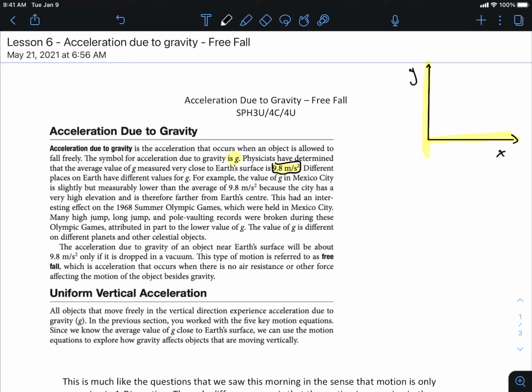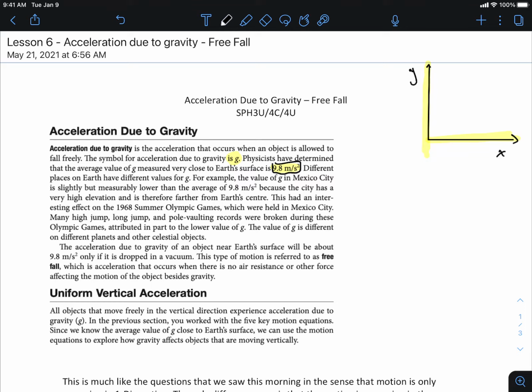The value of g in Mexico City is slightly but measurably lower than the average of 9.8 meters per second squared, right? This is because the city has a very high elevation and therefore is farther from the Earth's center, okay? So ultimately what we'll learn in this course is that to figure out where that 9.8 came from, it takes into consideration how far you are from the center of the Earth, okay?